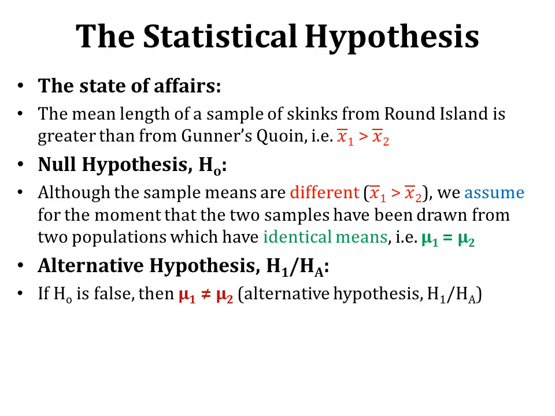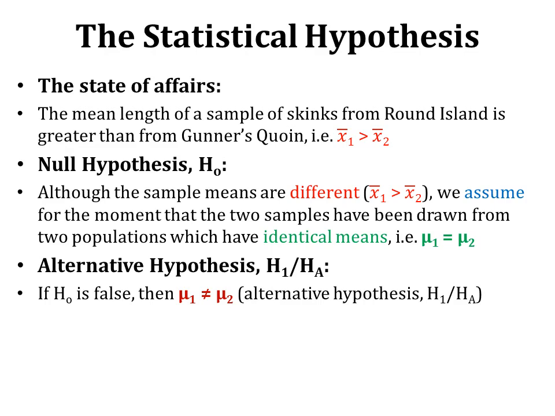And in statistics, we go with the alternate hypothesis as well. So we test the null hypothesis, and if the null hypothesis is false, then we assume that our alternate hypothesis is true. The alternate hypothesis in this case is that the population means are different. So the null hypothesis is that the population means are the same, and the alternate hypothesis is that the population means are different.